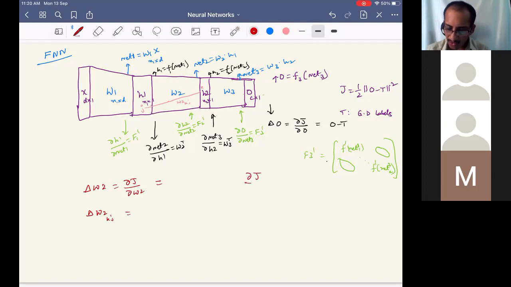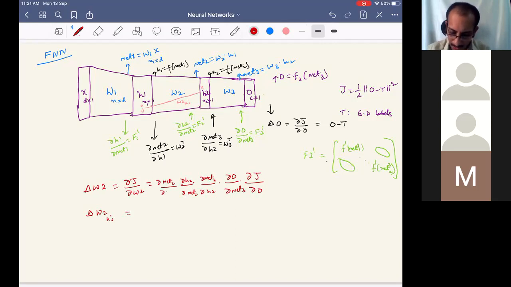Dou Z by dou O, and then dou O by dou net 3, and then dou net 3 by dou H2, and then dou H2 by dou net 2, into dou net 2 by dou W2.